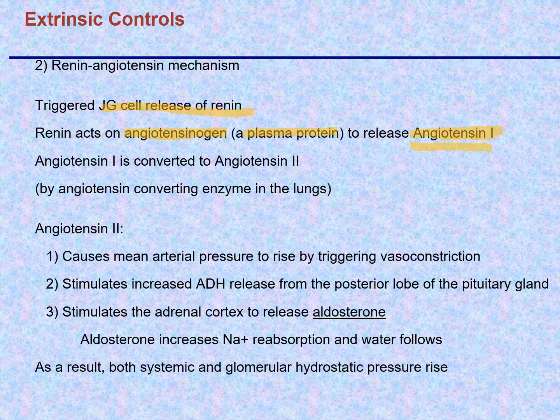This protein, angiotensin 1, has activity. Angiotensin 1 then floats through the plasma, and when it gets to the lungs, it gets converted to angiotensin 2, again by an enzyme that cuts the molecule.